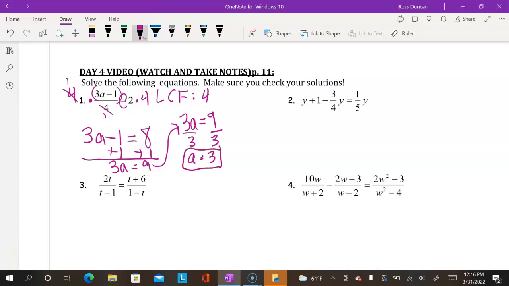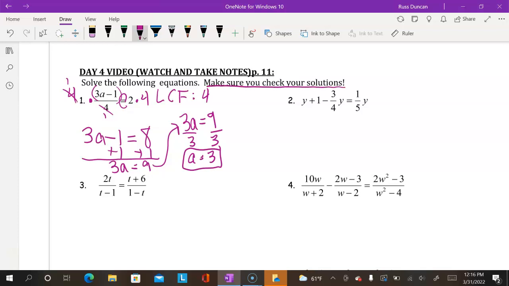Now, one trick here: there's no variable in the denominator, so this won't really matter for this one. But if you plugged a back into this, there's no a in the denominator, so you're okay. You have to test to see whether the value will actually work. See here it says make sure you check your solutions.